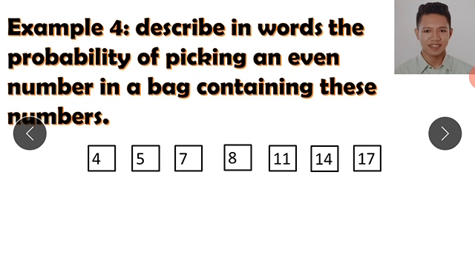For example number 4, describe in words the probability of picking an even number in a bag containing these numbers: 4, 5, 7, 8, 11, 14, and 17. So we have to describe it in words. As you can see, we have three even numbers: 4, 8, and 14.